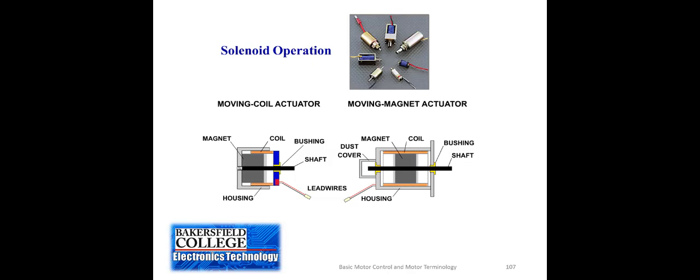But instead of being connected to a cone that makes sound waves, that coil is connected to a shaft that makes motion. So in the old days of automation, they would use moving coil actuators sometimes rather than motors and gear sets to be able to have a precise linear motion.